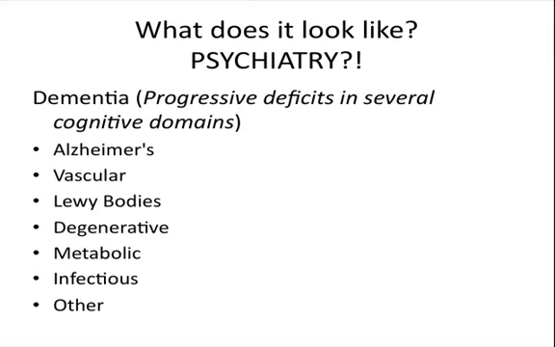The other degenerative things that it could be represent Pick's, which is frontotemporal, and Huntington's, which is the familial autosomal dominant chorea syndrome that we all know.